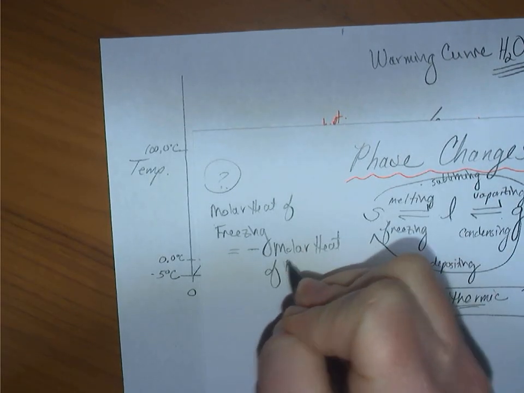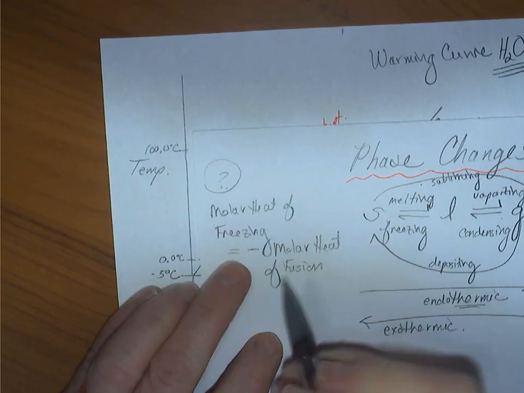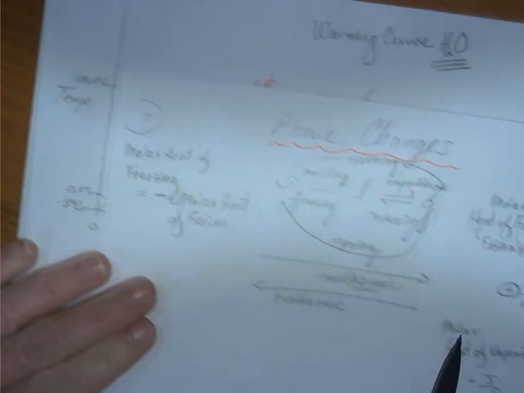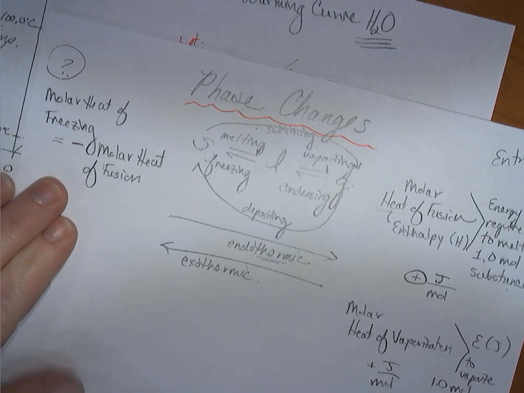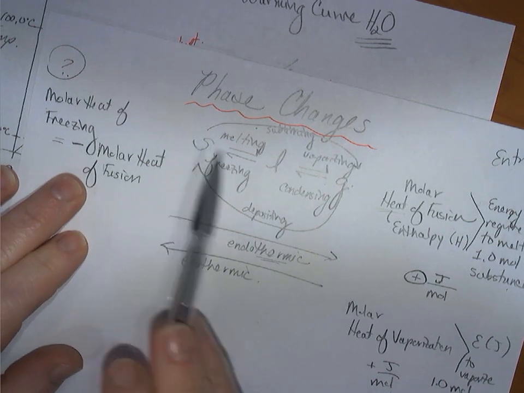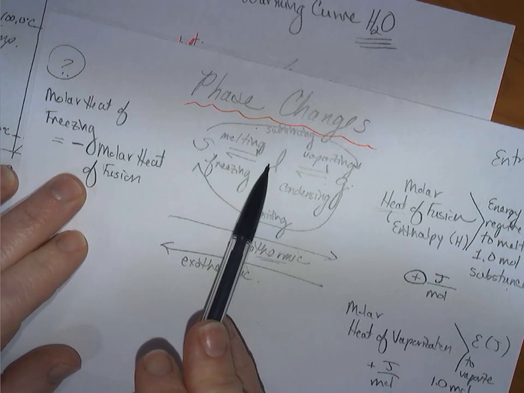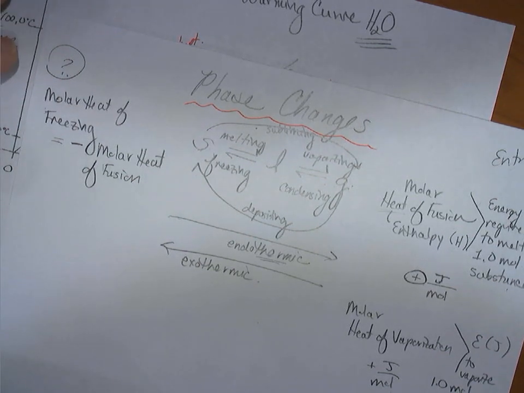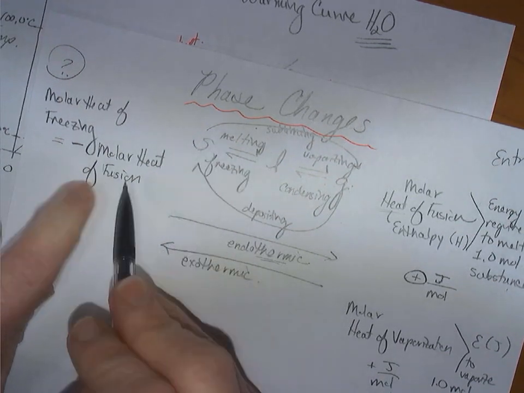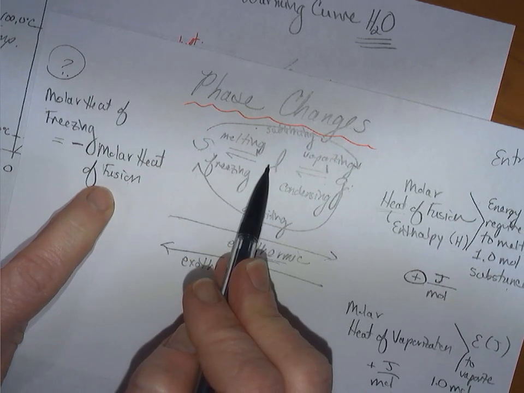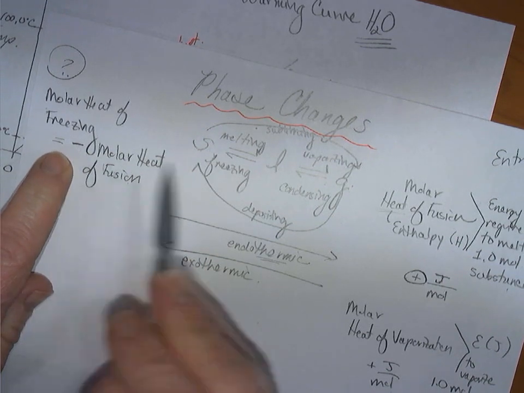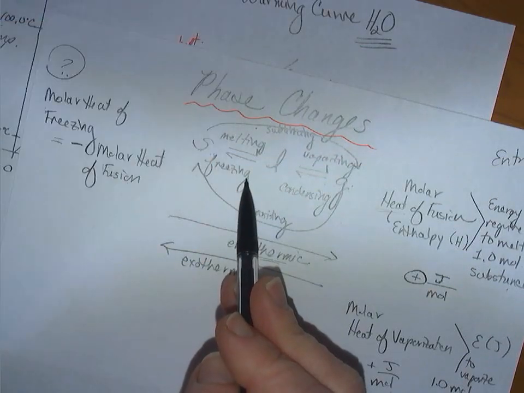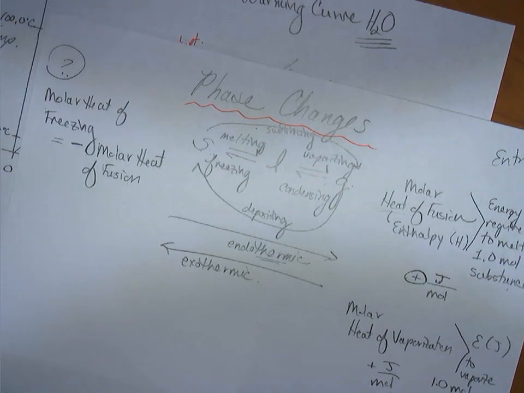Remember, ladies and gentlemen, that heat is negative when it's being released. So if we take the amount of energy we have to invest to melt, but then reverse the sign, it'll be the energy that's released or that we have to remove to be able to freeze.